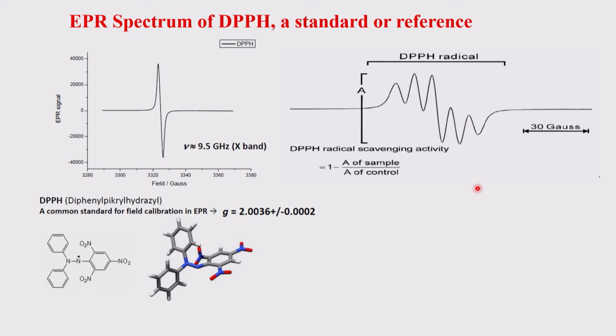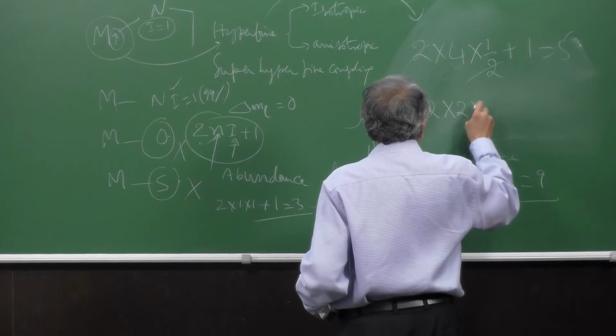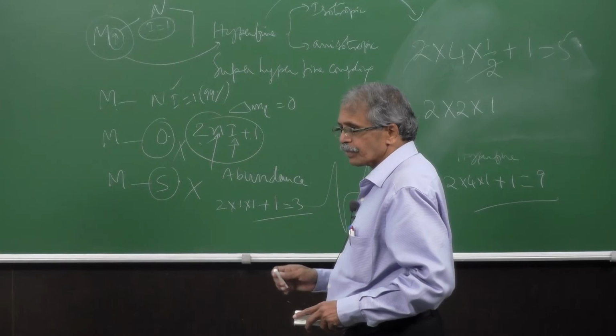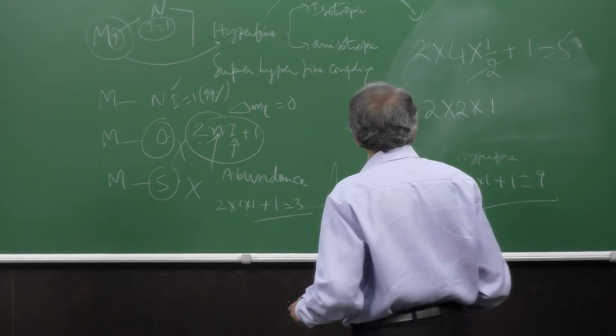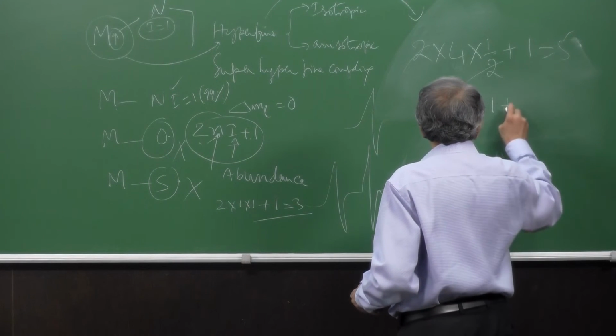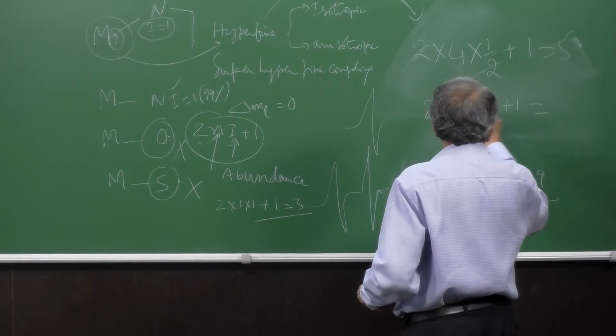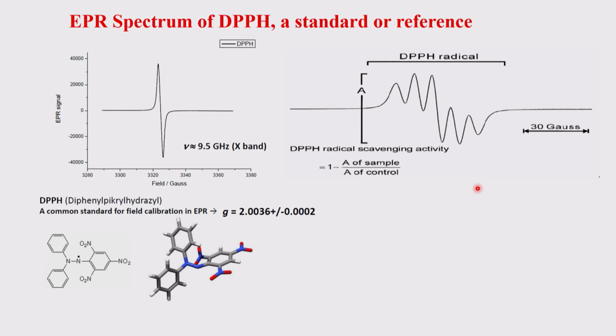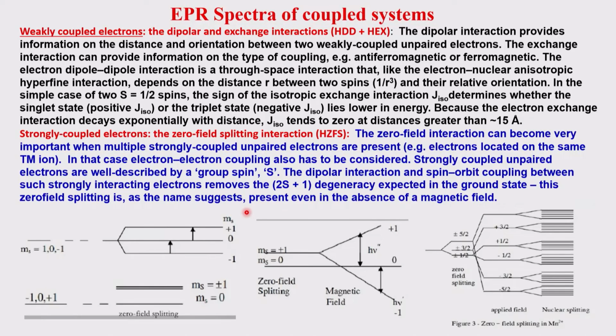There is 2 into 2 nitrogens, and nitrogen is N 15 with I equal to 1, which has a very high abundance, 90 plus percent, plus 1. So 4 plus 1, 5 lines. You can see that the number of lines coming is 5, and that is what you would see in this spectrum when it is completely resolved.